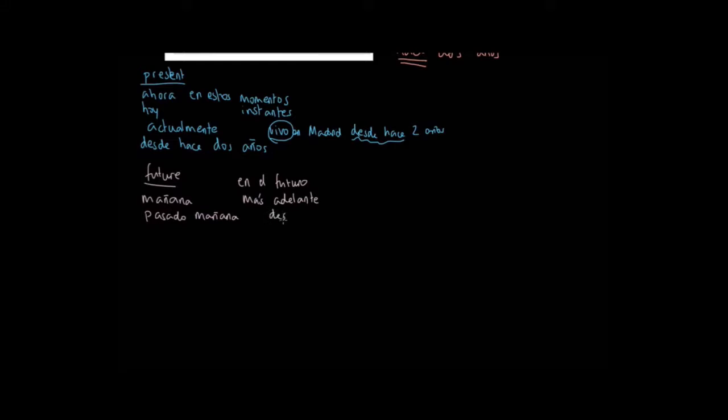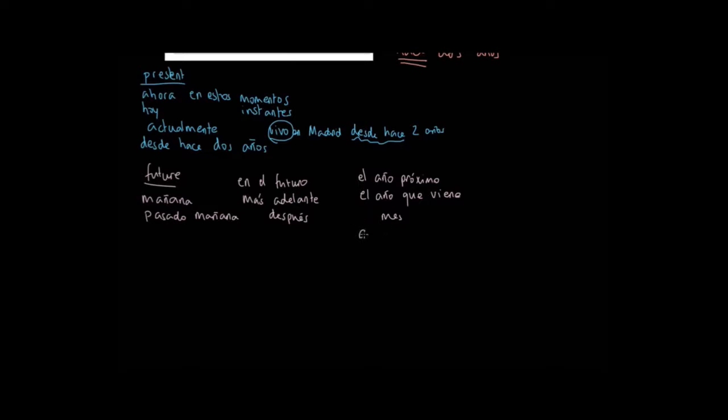Things like después, after. Also, of course, things like we had before el año pasado, last year. We've got el año próximo, next year. But remember that you can also say el año que viene. Okay? El año próximo, el próximo año, and el año que viene. And the same thing for month, okay? El mes próximo, el próximo mes, el mes que viene, la semana que viene.